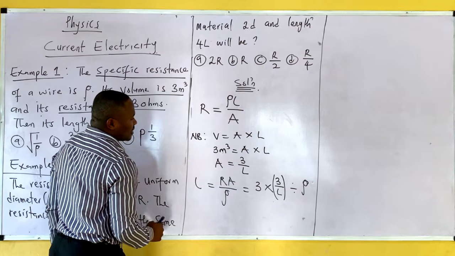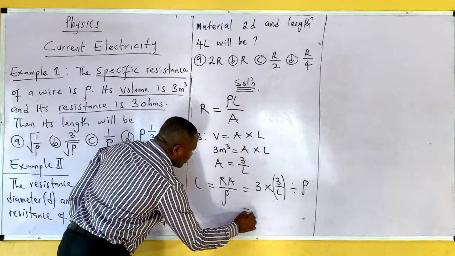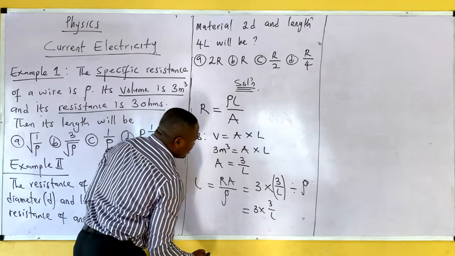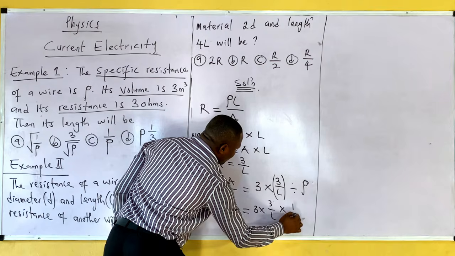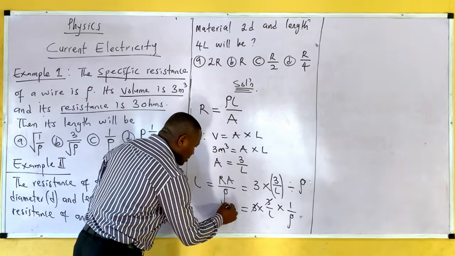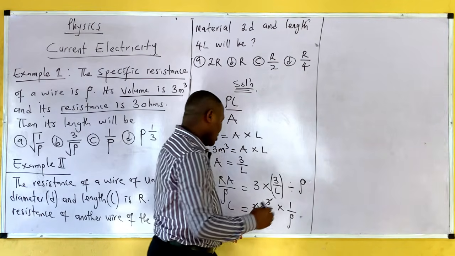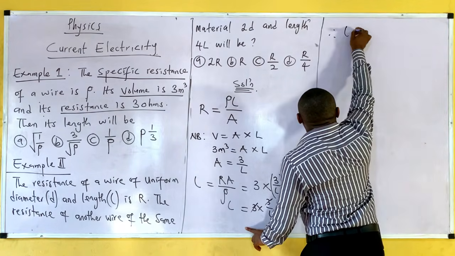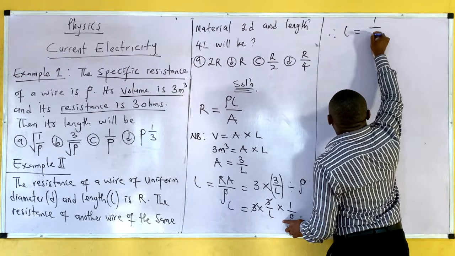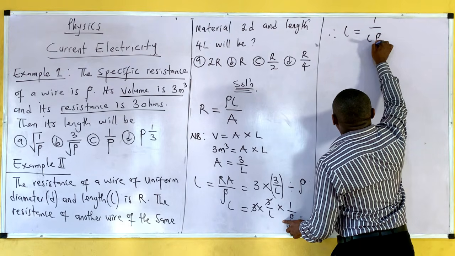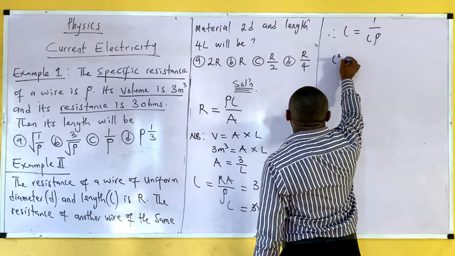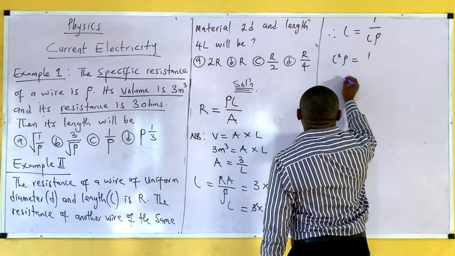So now what becomes my answer? Now this will be equal to 3 times 3 over L times 1 over resistivity. So this will cancel out this. So I will now have L is equal to 1 over L resistivity. Cross multiply this, we're going to have L square resistivity equals 1.